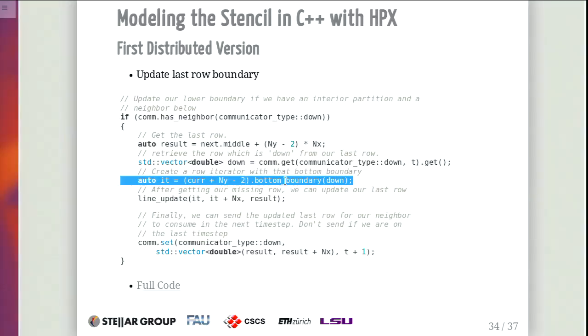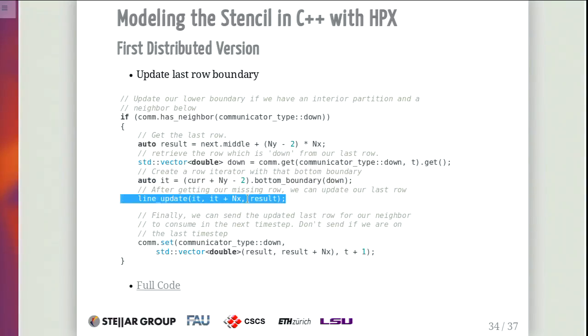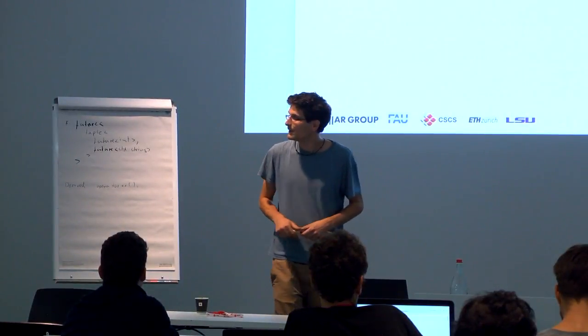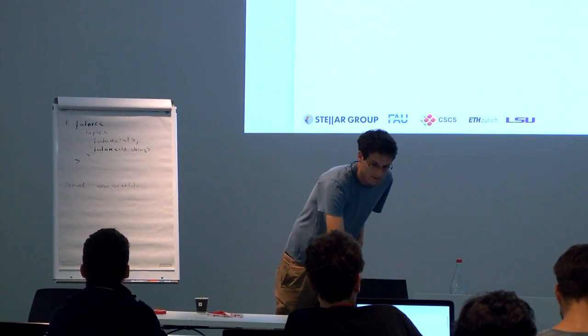And once you're done with updating your very last line, you send it to the channel so that your lower neighbor can consume it in the next time step. Okay. And that's it.